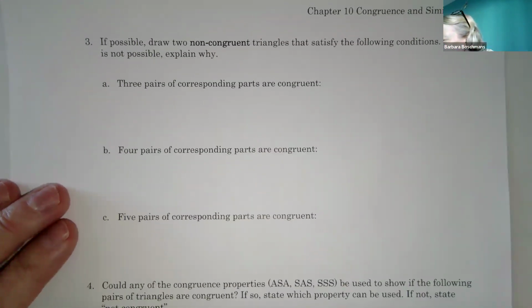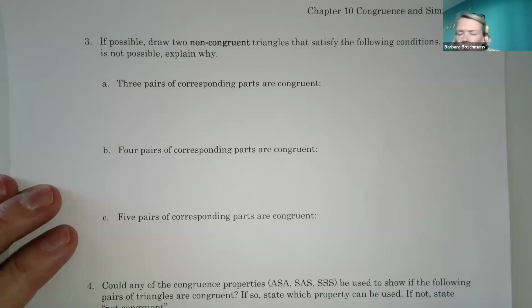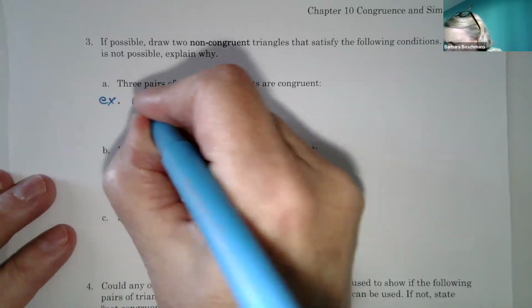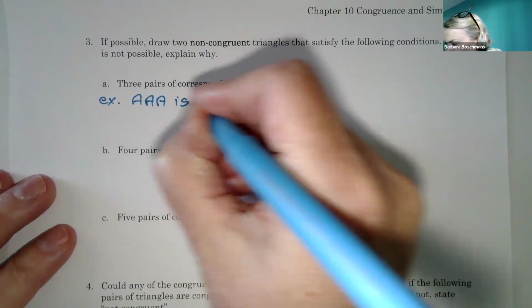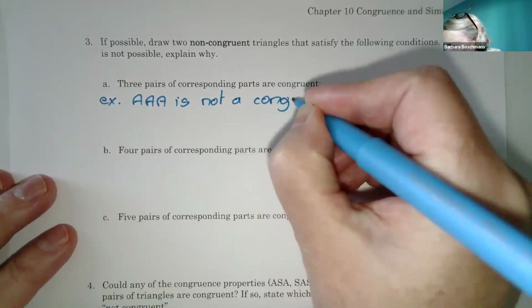Okay, next it says it's possible to draw two non-congruent triangles that satisfy the following conditions, or it's not possible, and explain why. In the congruence activity in GeoGebra, you noticed that there were two that were not congruence properties. For example, angle, angle, angle is not a congruence property.